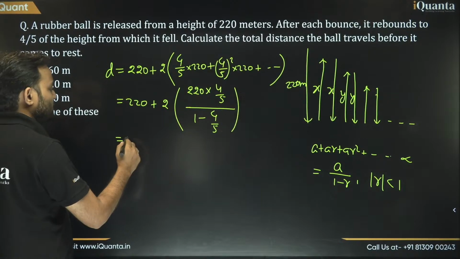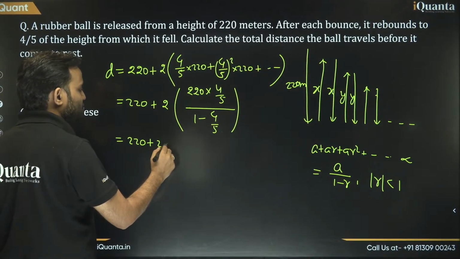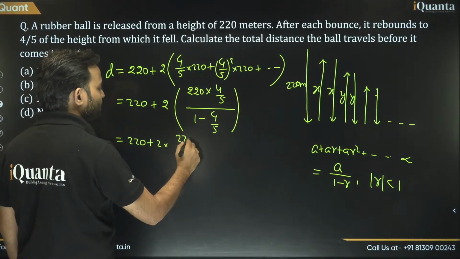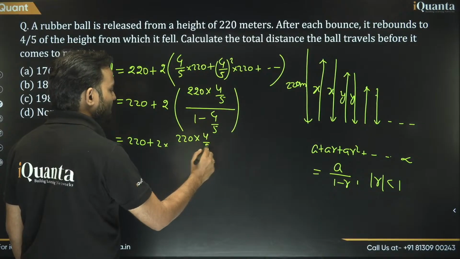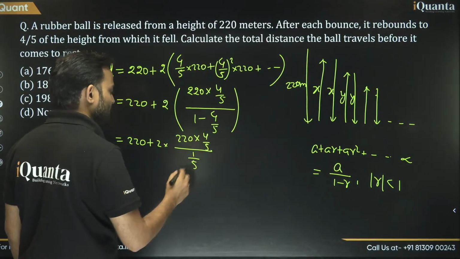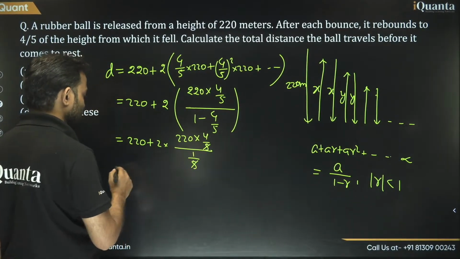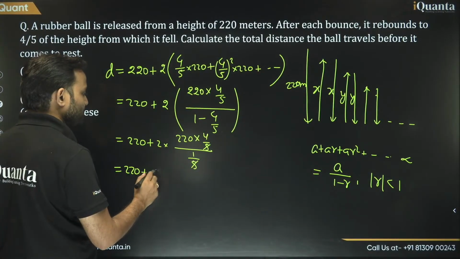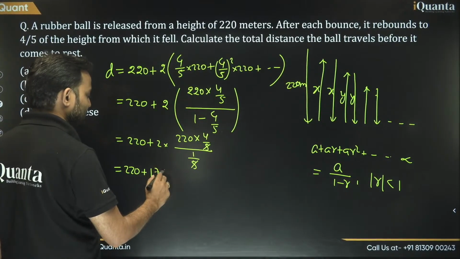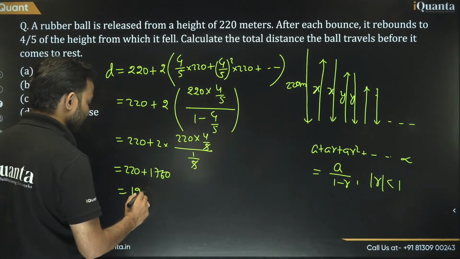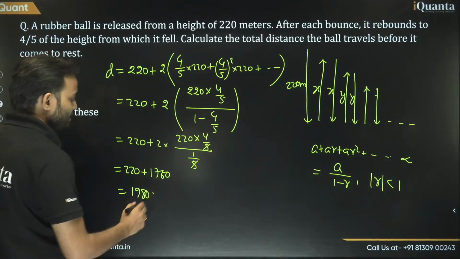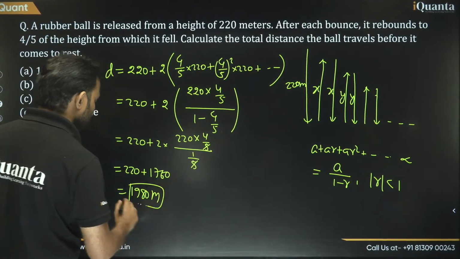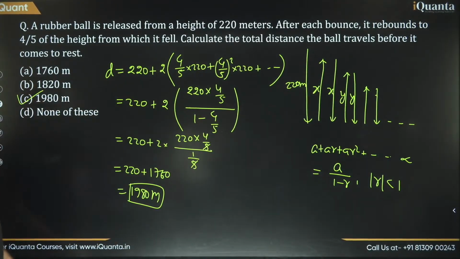So this will become 220 plus 2 into 220 into 4/5 divided by 1/5. So 5 cancelled out. This is 220 plus 1760, that is equal to 1980 meters, right? So the answer is option C, which lots of you got.